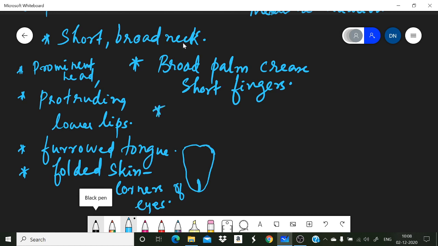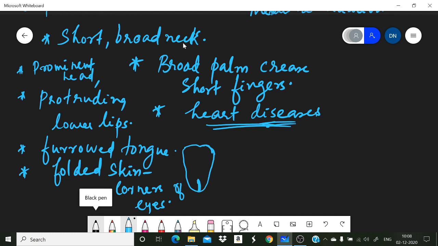They may also be associated with heart diseases from birth itself. Their heart will be very defective, that is congenital heart disease. Congenital means by birth, inborn heart disease.